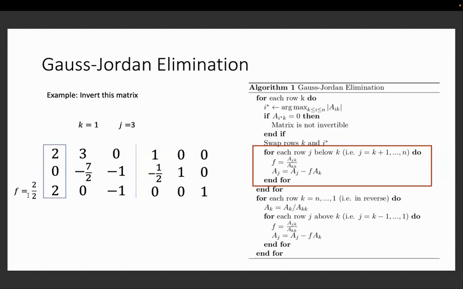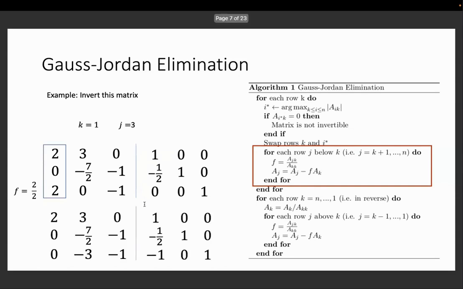So f is equal to 2 divided by 2. And then we compute the subtraction A3 minus f times A1. After that, you can see this element also changes to 0.